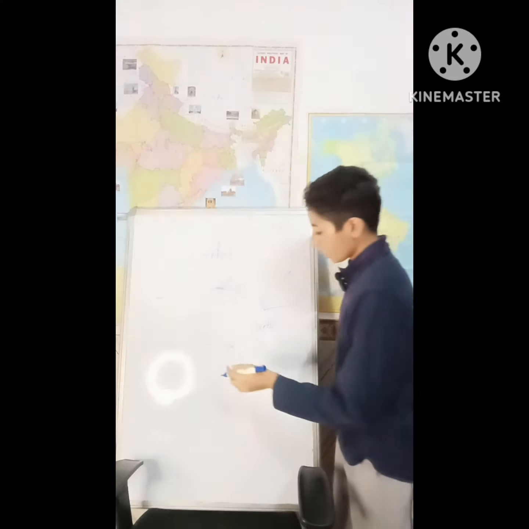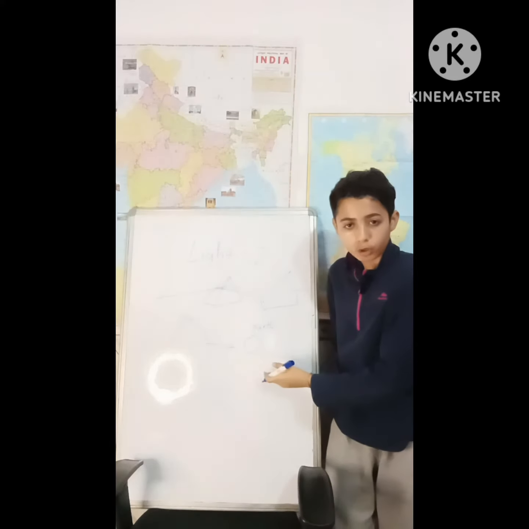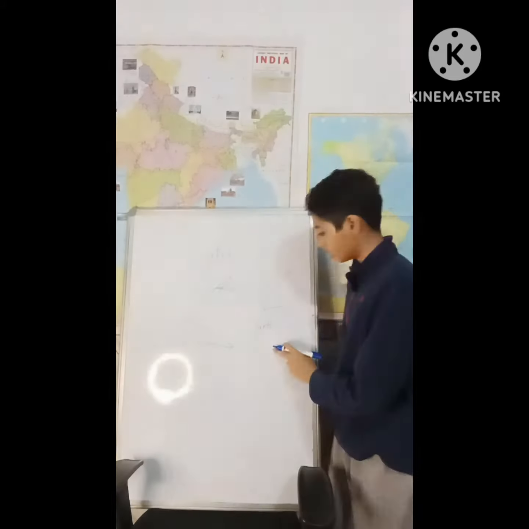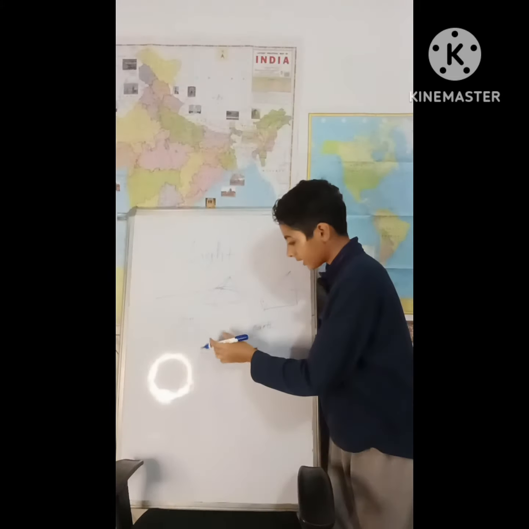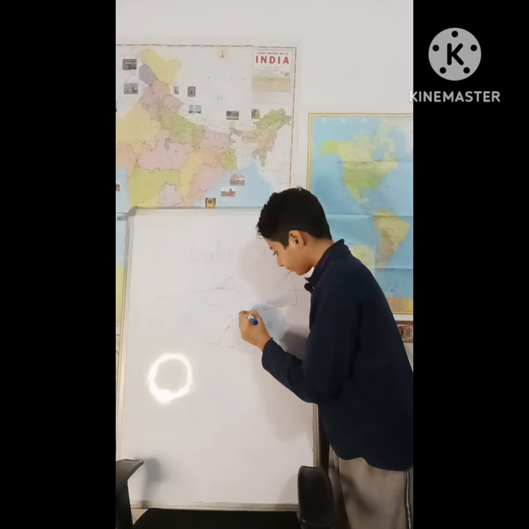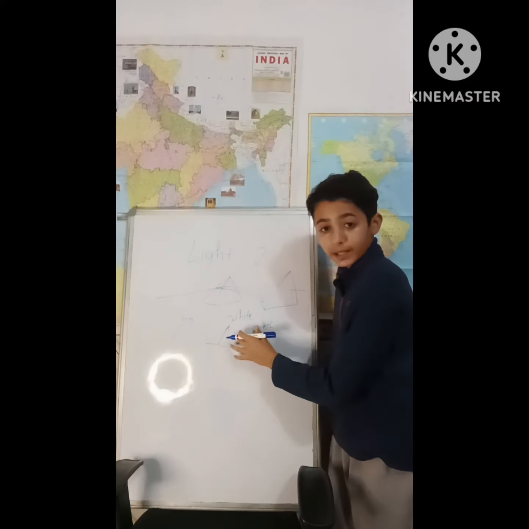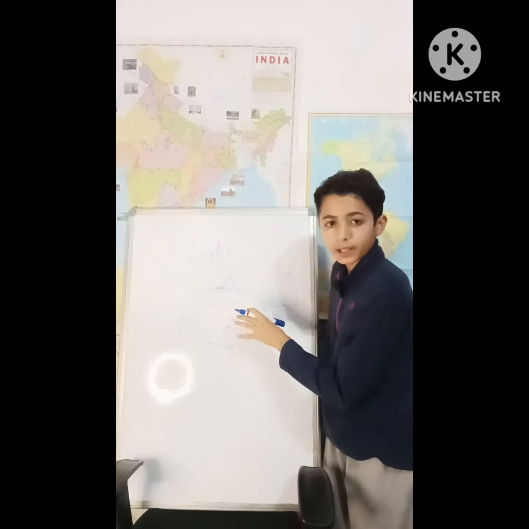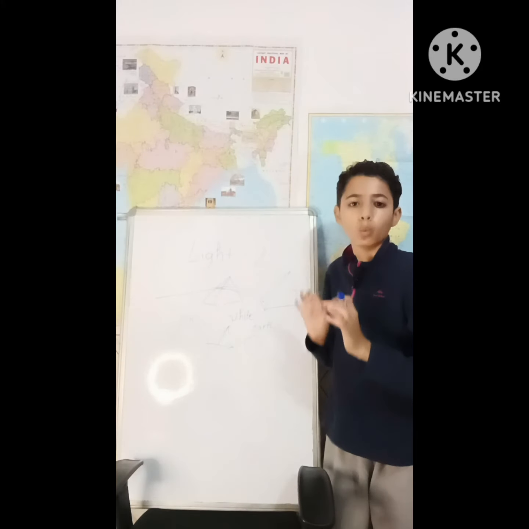Our light photon particles are coming towards the earth. The color of this light, the color this photon particle is carrying, is white.